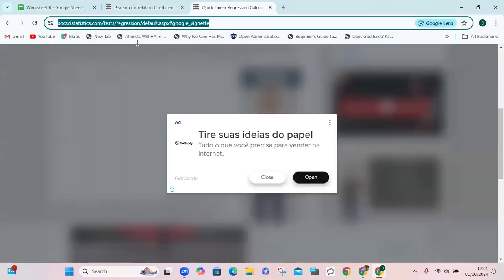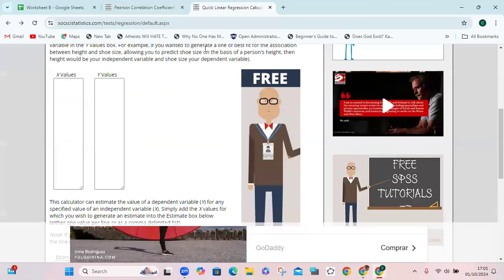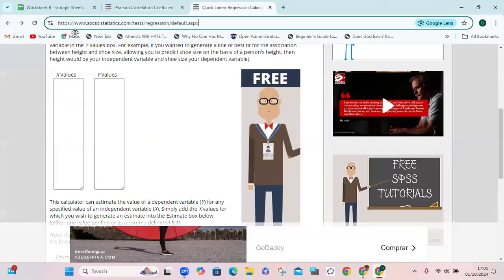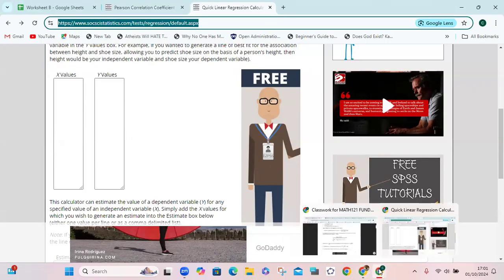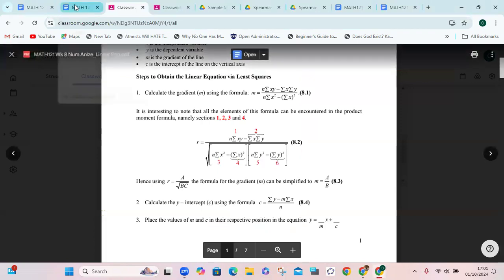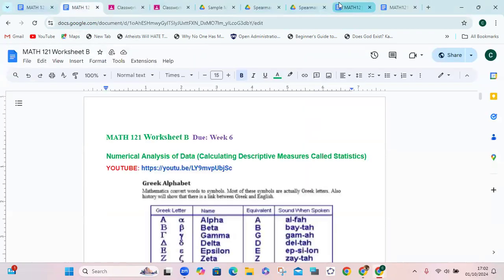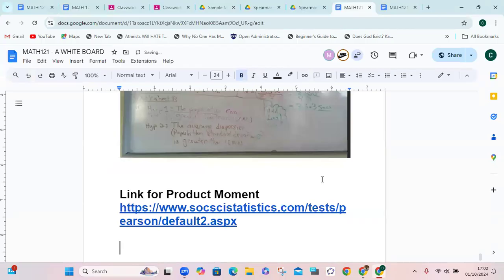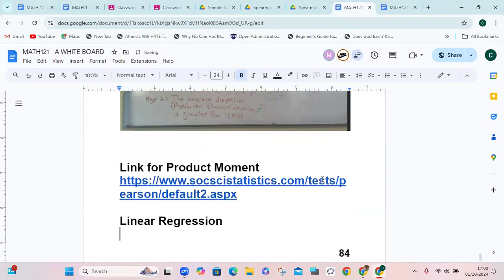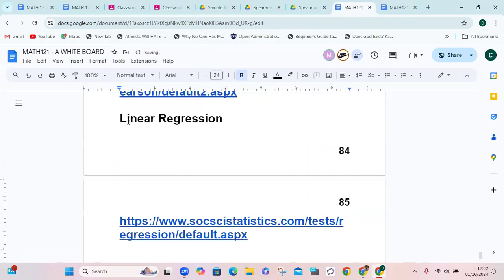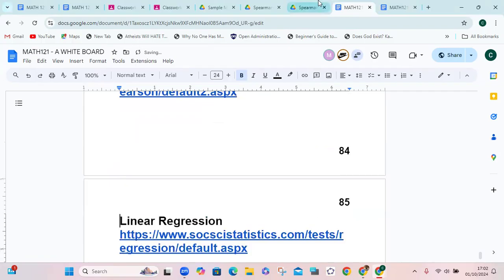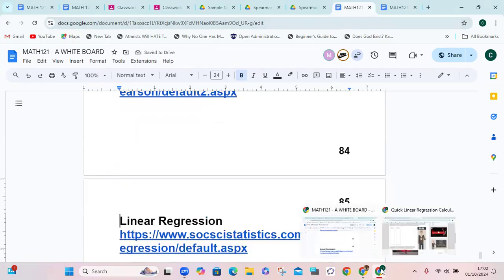You can copy this link and put it in the whiteboard, so that you can have access to it. And here's the whiteboard there. Okay, let's pick this up later.